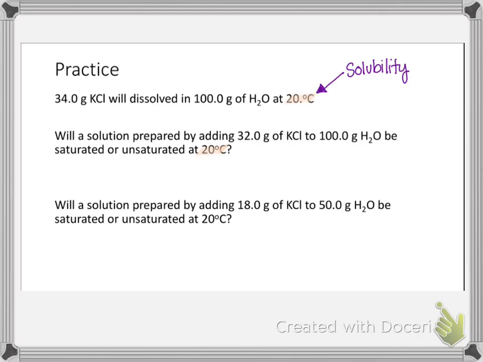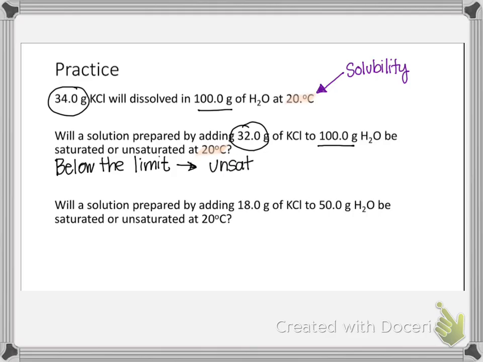So let's see. This has 32 in 100. The limit has 34 in 100. So we are below the limit. If you add less solute than the limit, your solution is unsaturated.